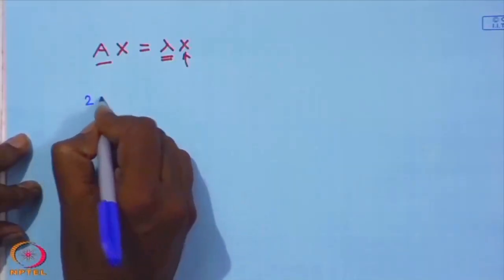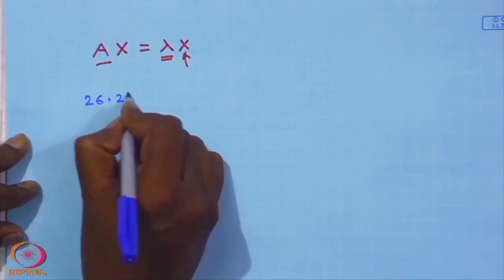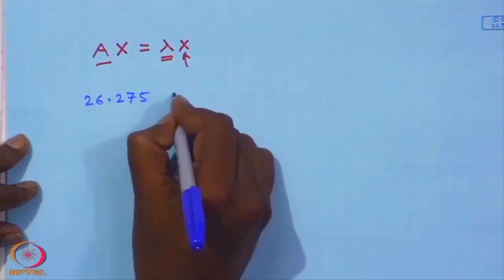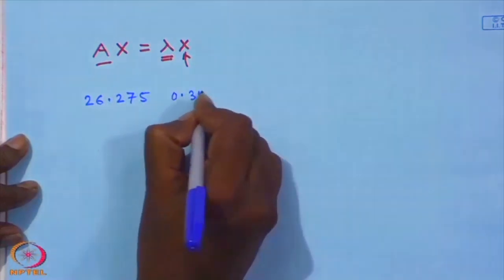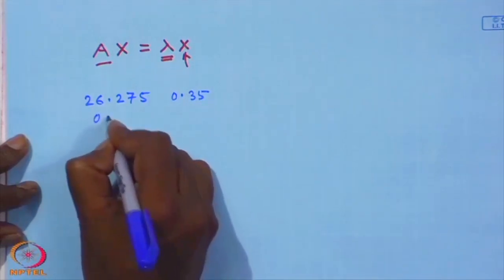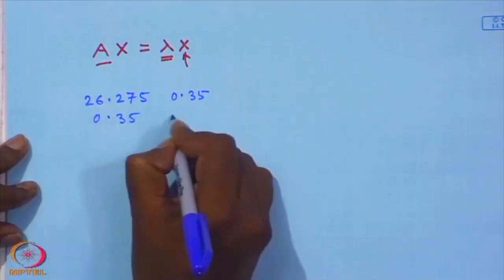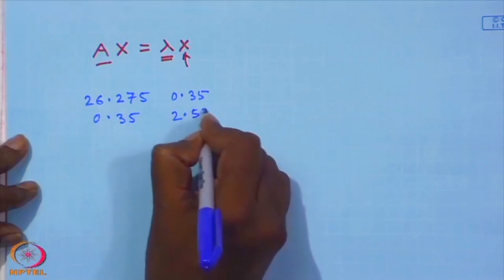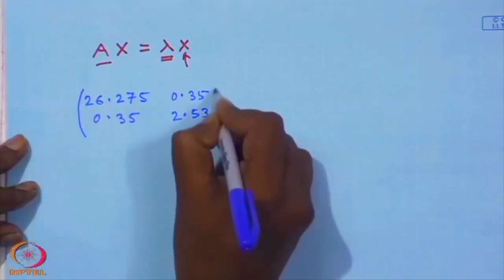In order to do that, we know that our covariance matrix sigma was given by 26.275, 0.35, 0.35, 2.53.